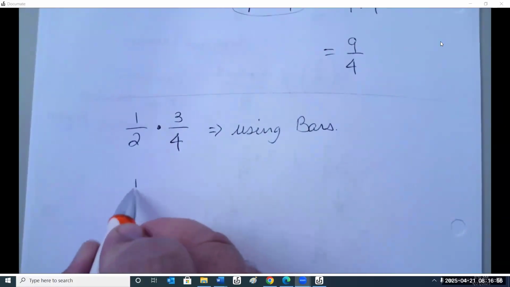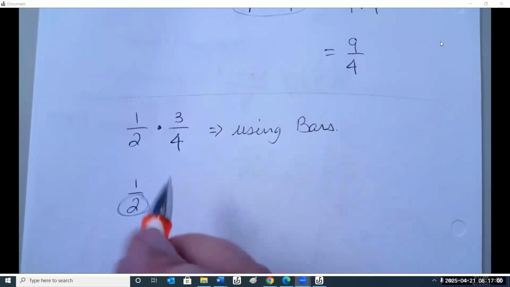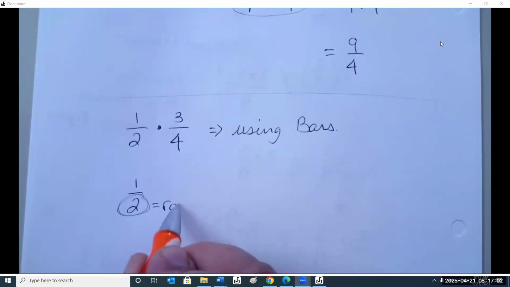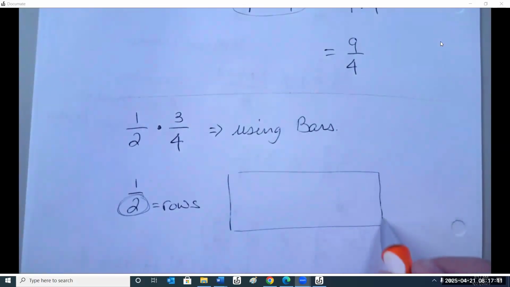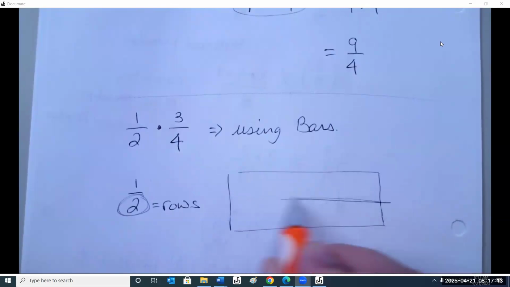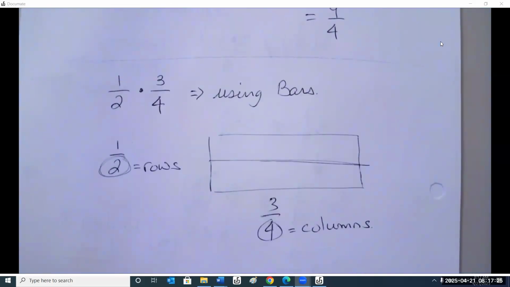So the first one, 1/2, says we have 2 rows. The 3/4 says we have 4 columns.